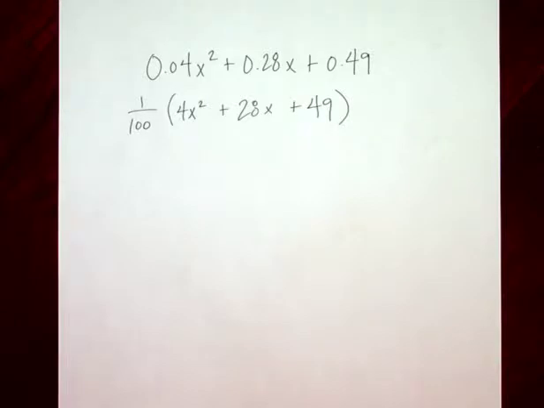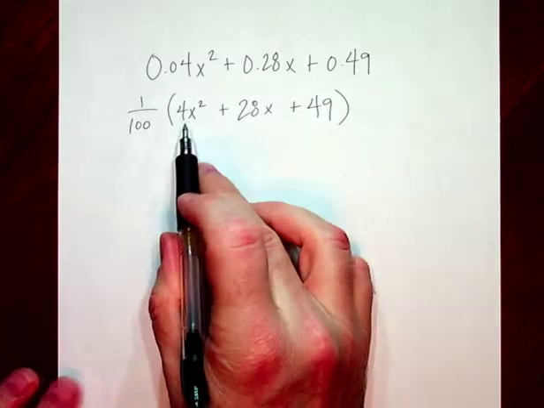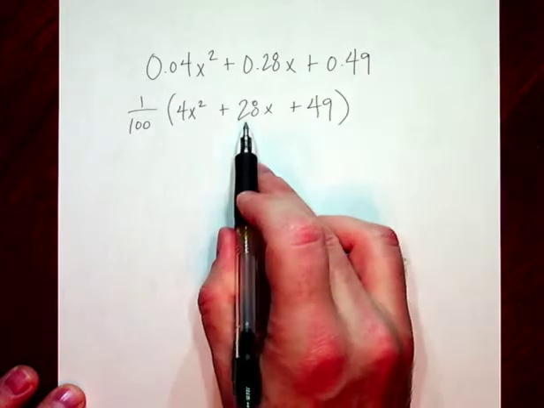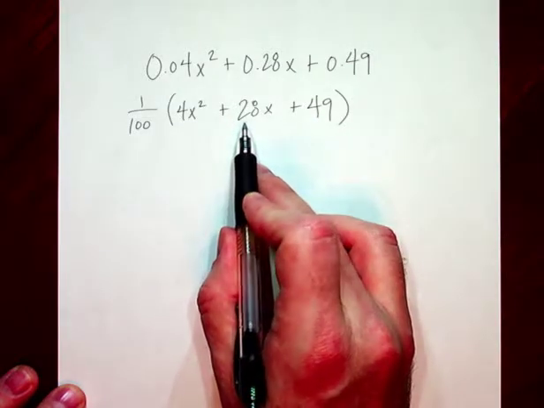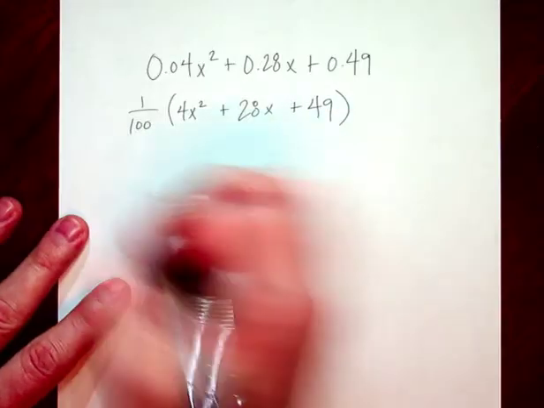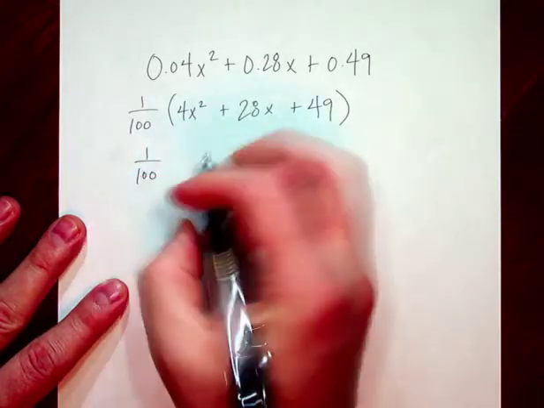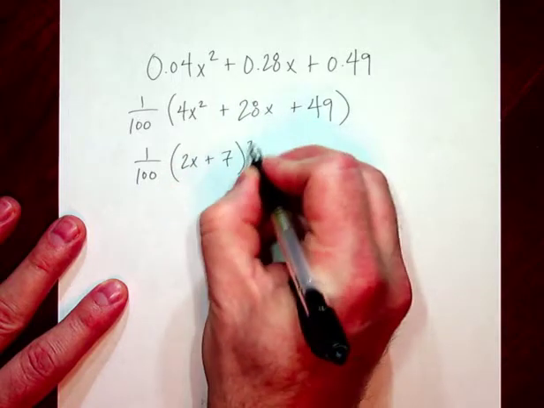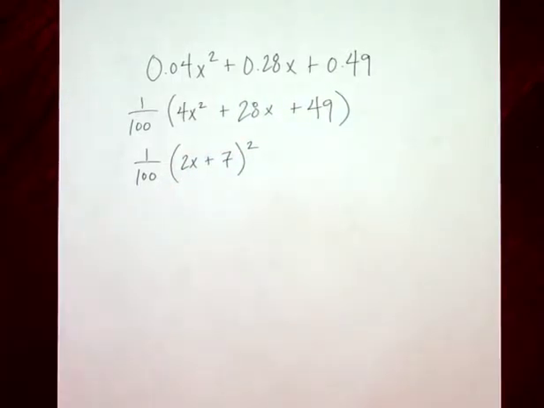And at this point, we see a perfect square here. We see a perfect square here. We want to know whether this is 2 times 2 times 7. It is. And this actually winds up being (2x plus 7) quantity squared. Now, you could have done it with the decimals or with the fractions still in it.